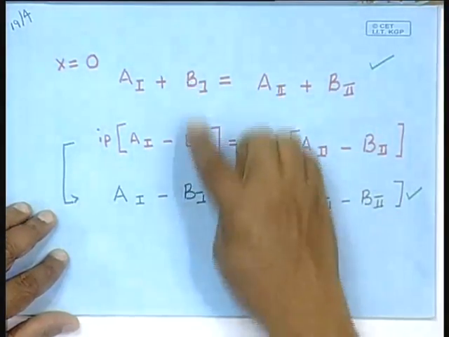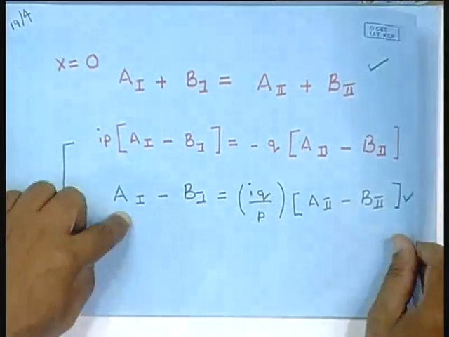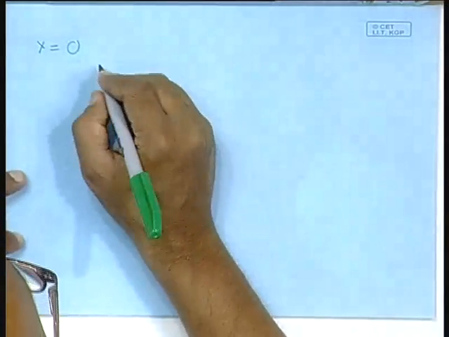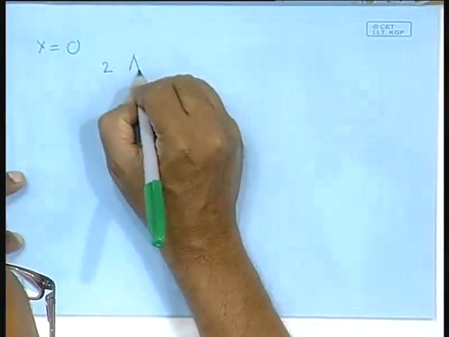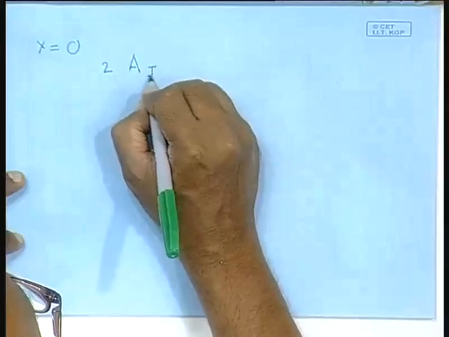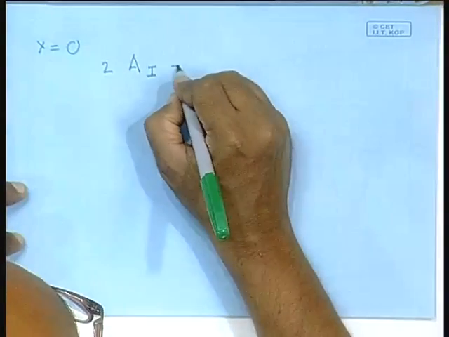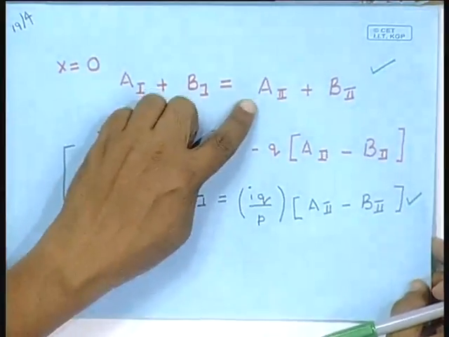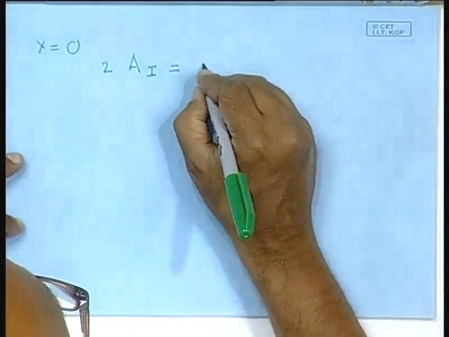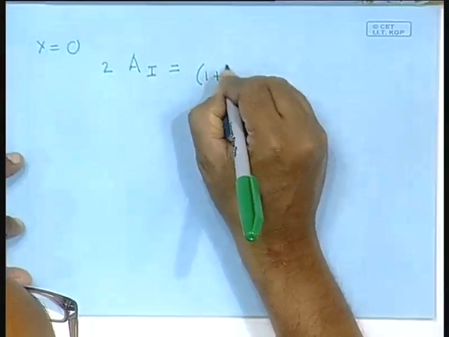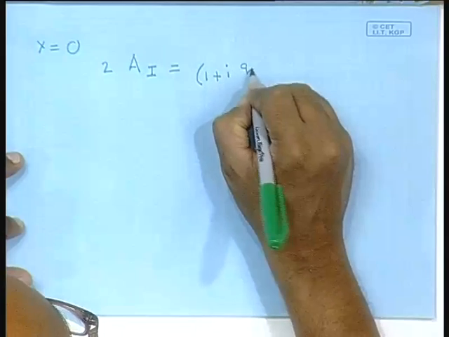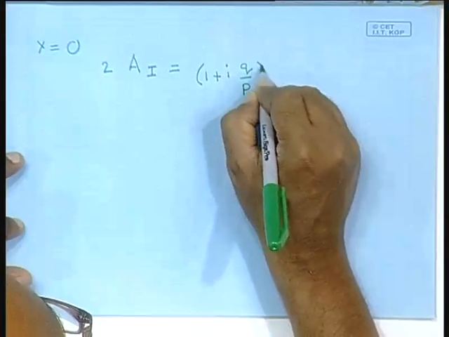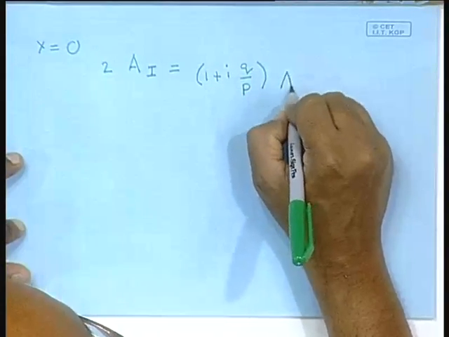When we add these two relations, this gives us twice A1 is equal to 1 plus i q by p into A2.